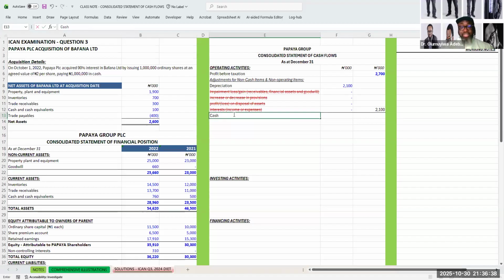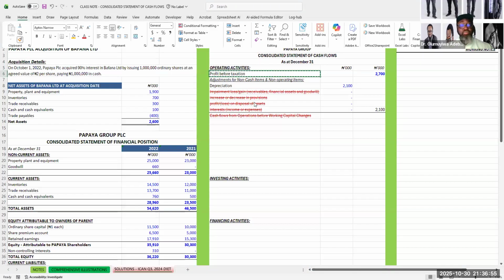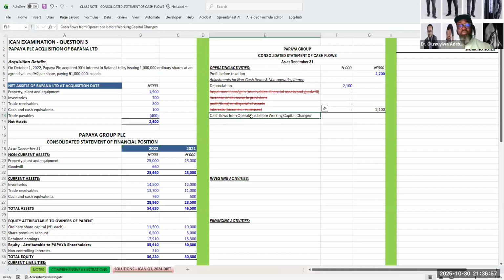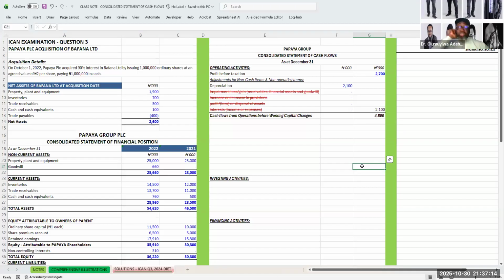I have my cash flows from operations before working capital changes. And what is that? It's for me to sum these two up. And that's 4.8. You can always drop your question or show your hands up for any question.